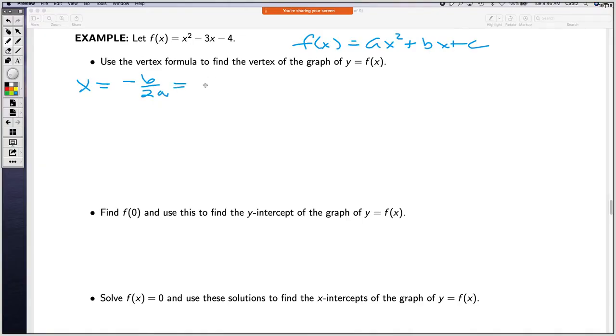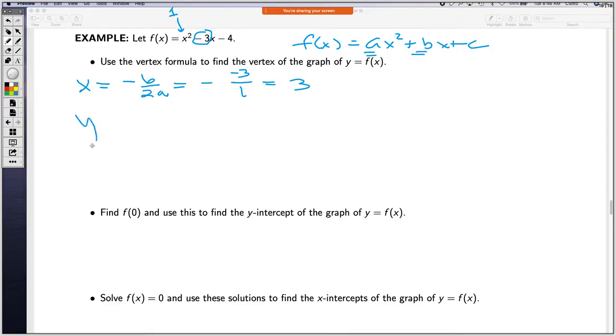What's that going to be in this case? The opposite of b. B is the coefficient of x. So notice that's going to be a negative 3. Don't forget the negative. The a is the coefficient of x squared, and if there doesn't appear to be one, it's because it's being multiplied by 1. So we get our vertex here, x equals 3 again.